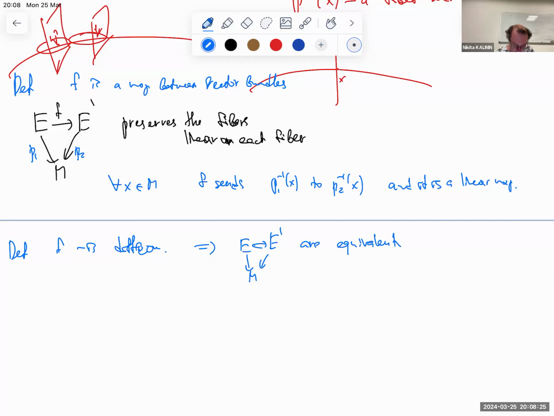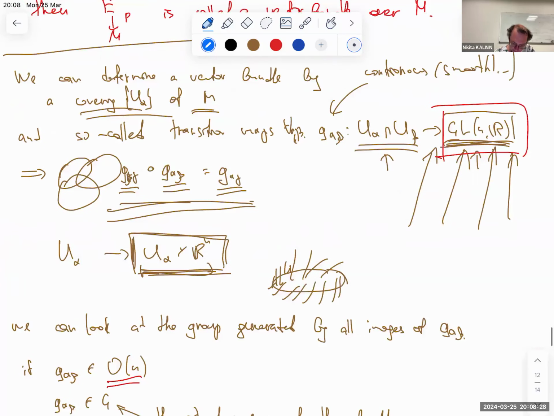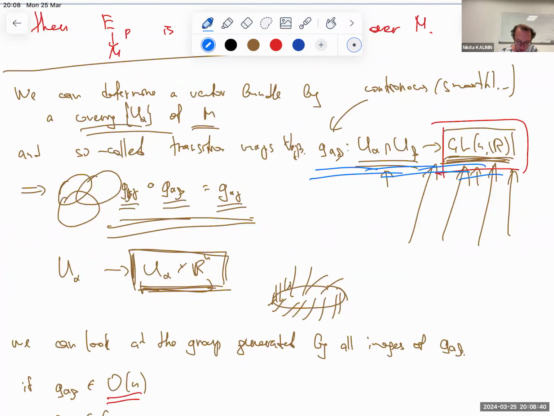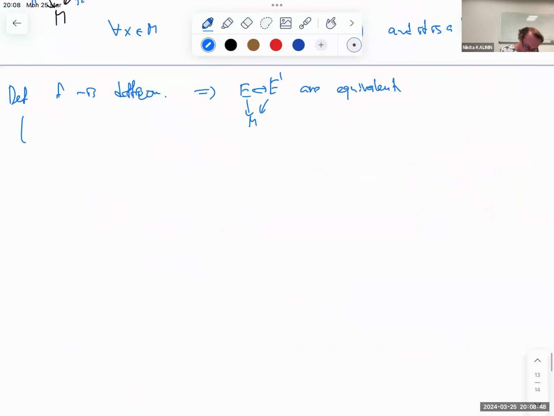Actually, you can check it also in terms of these transition maps, but it's a bit more complicated. I think when we discuss Czech cohomology, we can discuss it again. Let me write it here, Czech cohomology.